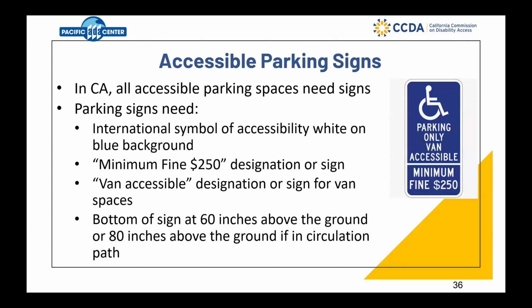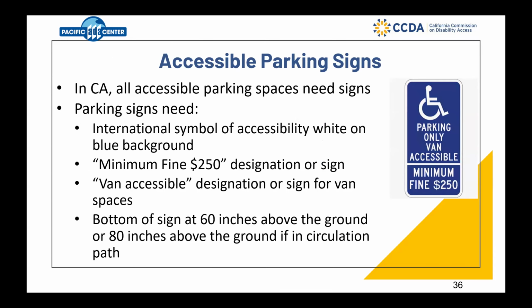And accessible parking signs are also required. In California, all accessible spaces need signs, and the parking signs need the international symbol of accessibility, white on a blue background. It needs to say the minimum fine is $250.